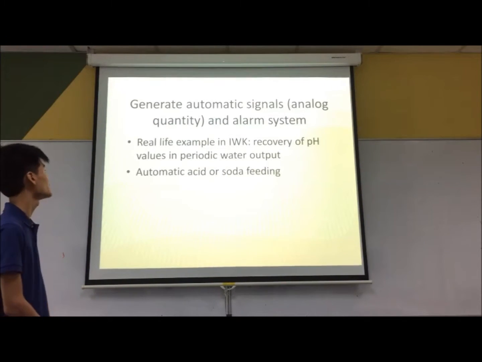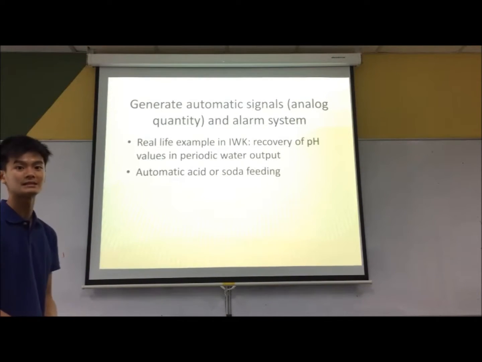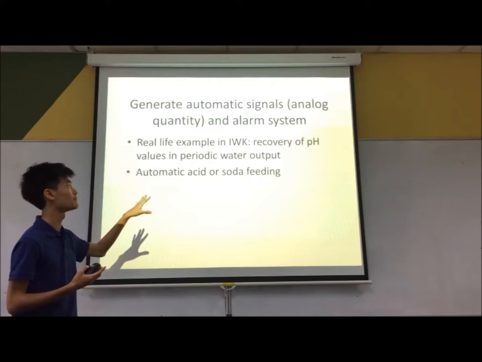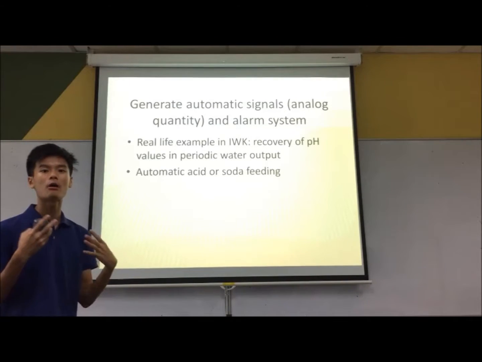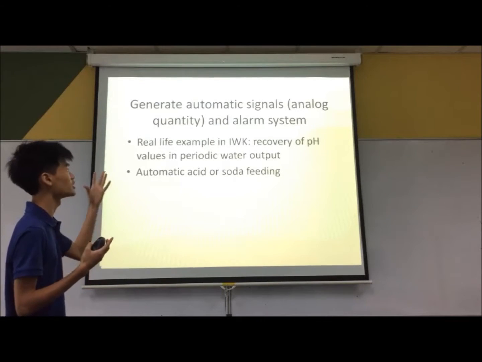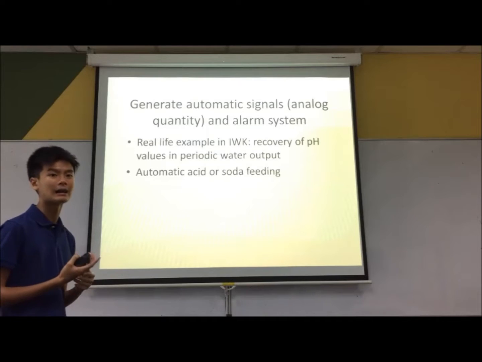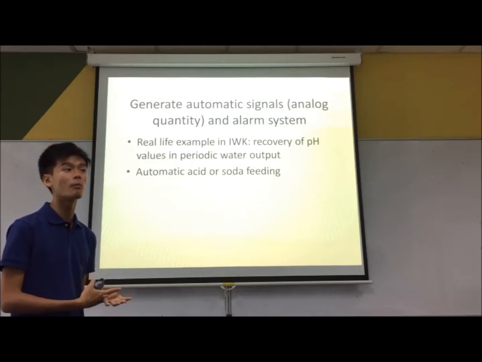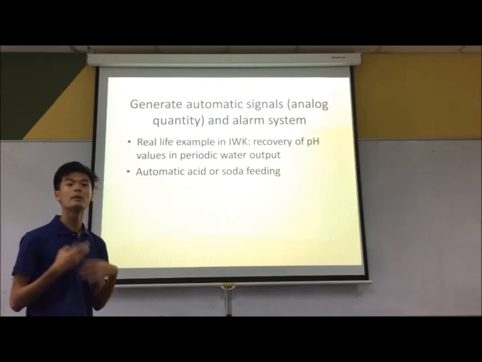Besides that, PLC and SCADA system can generate automatic signals and an alarm system. In the case of failure, for a real-life example in IWK, when the pH value in the periodic water output does not meet the demand or exceeds the limit, the system will generate automatic signals to analyze the quantity, and an alarm. Then recovery processes such as breakout operations and automatic acid or soda feeding will proceed next.